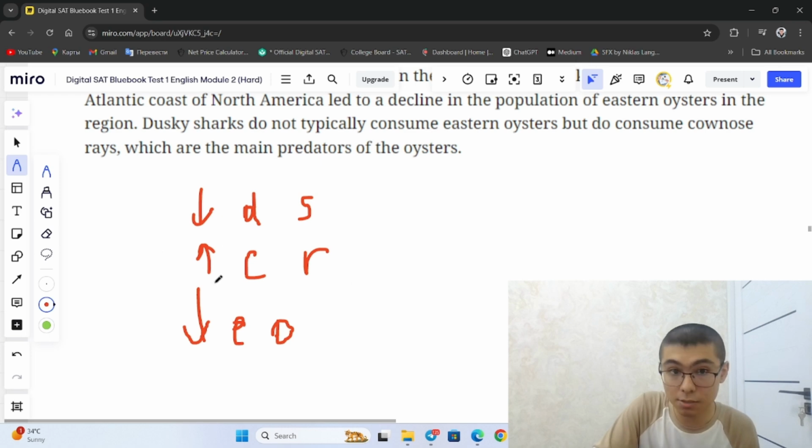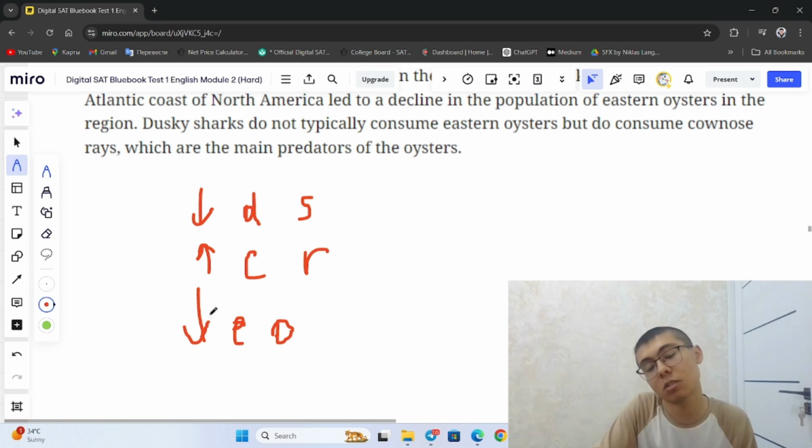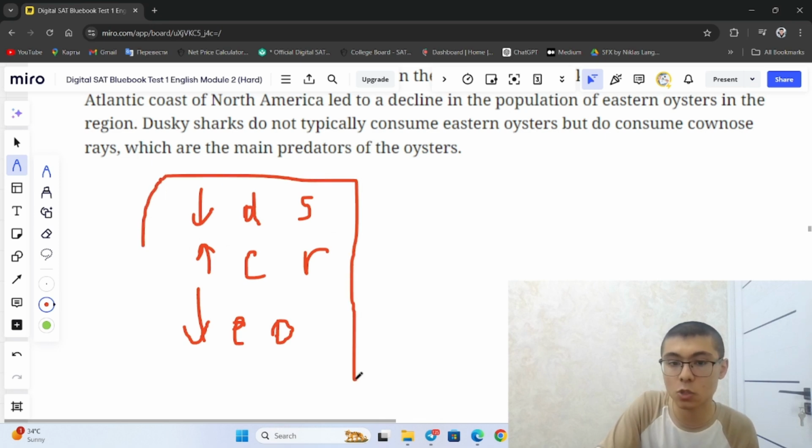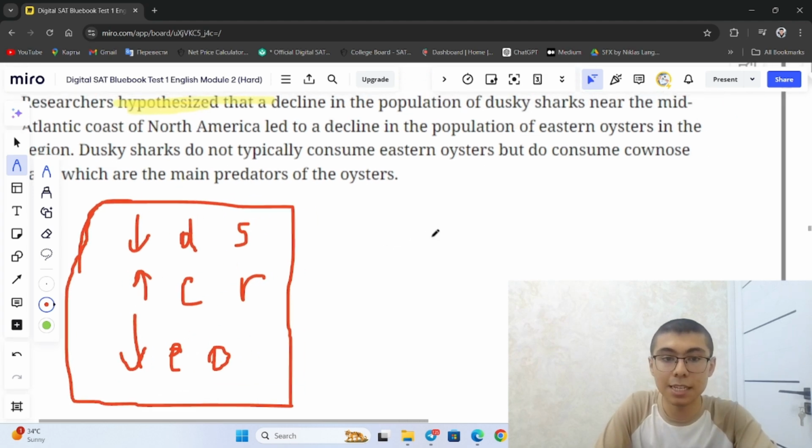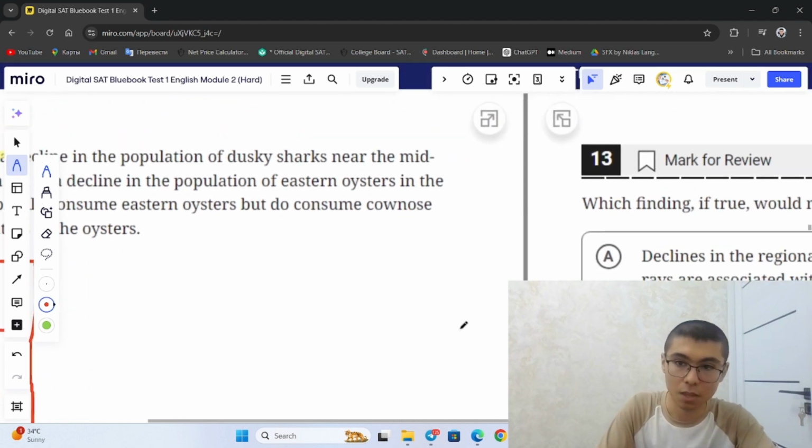As a result, cownose rays will consume eastern oysters, which will lead to the decline of eastern oysters. So that's my way of interpreting this text. So we need to support this.